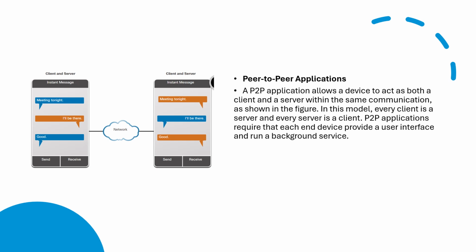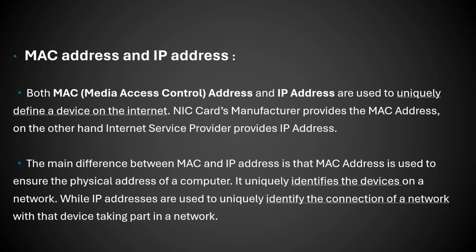Now you can see what a MAC address and an IP address are. Both are used to uniquely define a device on the internet. The main difference between MAC and IP address is that a MAC address is used to ensure the physical address of a computer. It uniquely identifies the devices on a network.